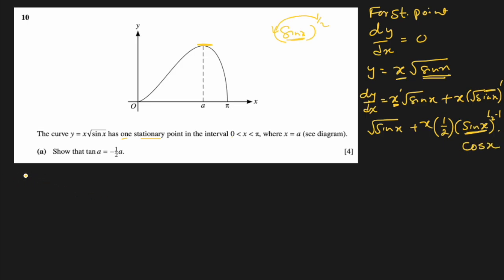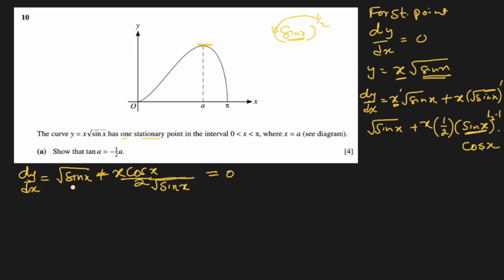So let me write here: dy/dx is equal to √(sin x) plus x cos x over 2, and half minus 1 gives us negative half, so we'll make it a denominator to make the exponent positive: 2√(sin x). This is the differentiation. Now this has to be equal to 0 for finding the x coordinate of this.